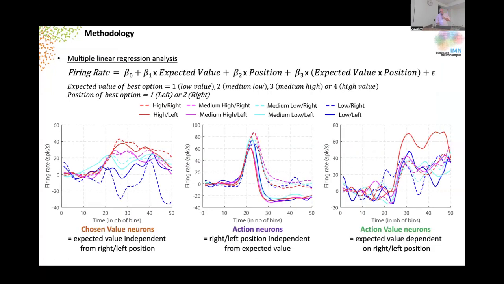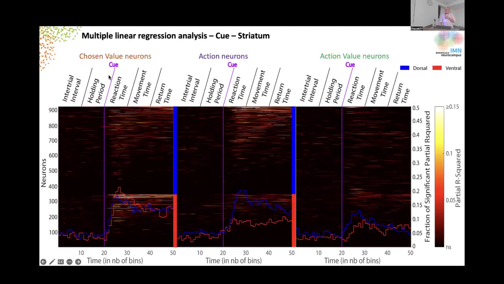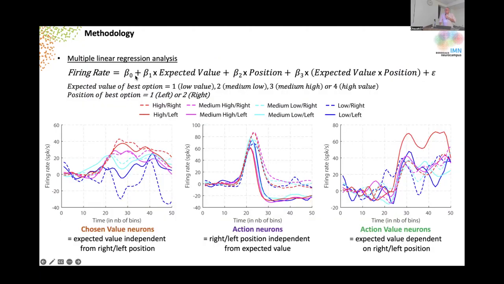And what we did as analysis, we did some kind of population analysis, but we did multiple linear regression, and we looked at the firing rate of each neuron, sorry. What is the influence of expected value, position of the target, because there are 2 possible positions of the target, and the combination of the 2, that allow us to identify chosen value neurons.